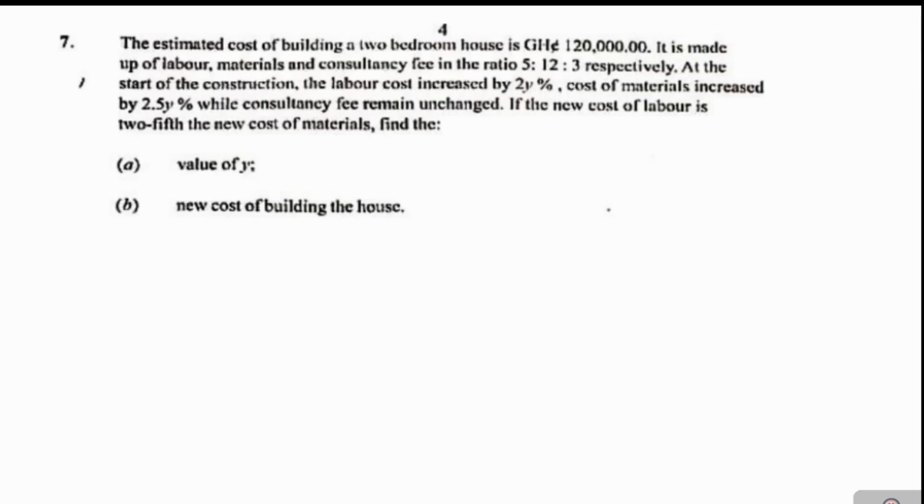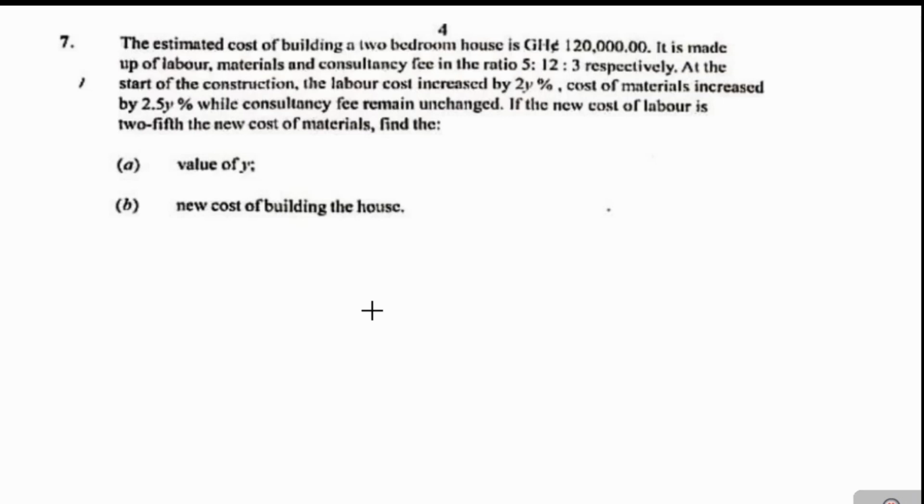And question 7 reads, the estimated cost of building a 2-bedroom house is 120,000 cedis. It is made up of labor, material, and consultancy fee in the ratio 5 to 12 to 3, respectively.